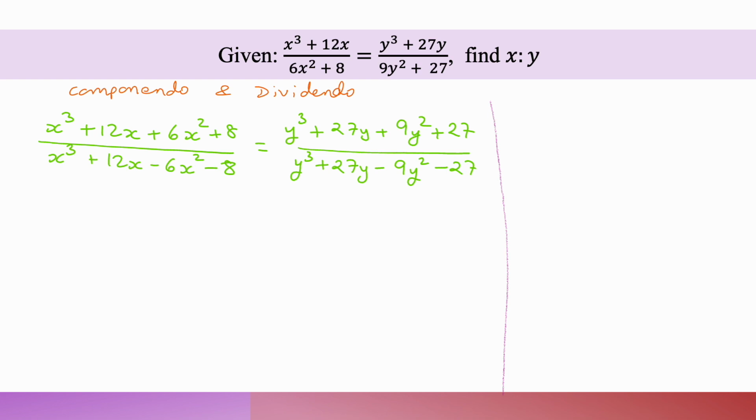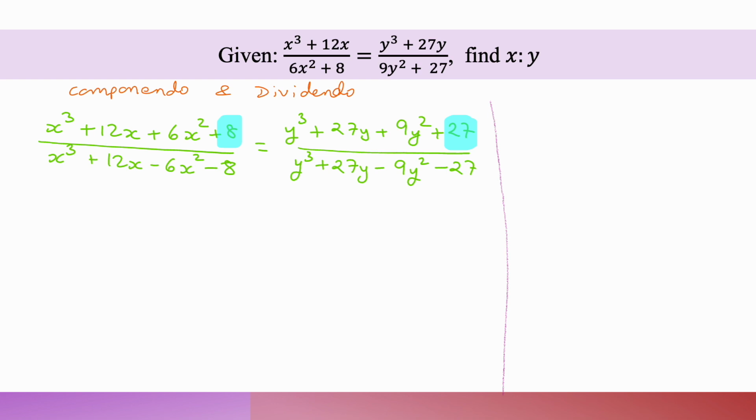Now if you look at these four expressions, the number 8 and number 27 are perfect cubes. This gives the hint of using the identities for cube.